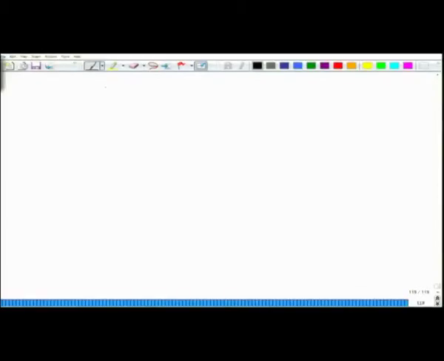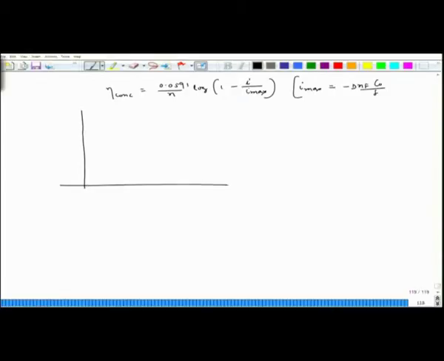So, now if I try to plot concentration polarization, which is eta concentration equal to 0.0591 by n log of 1 minus I by I max, where I max equal to minus nFDC0 by delta. So, this plot would look like this. This is log I again, this is polarization.